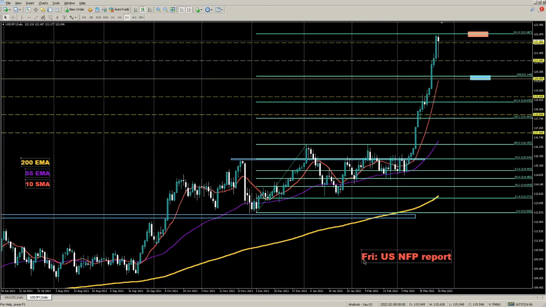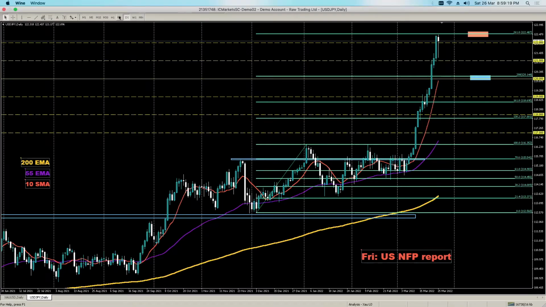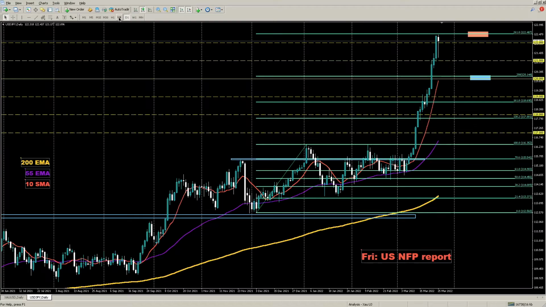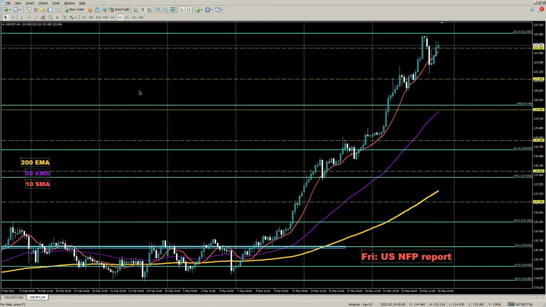And similarly, it's going to have an impact from the non-farm payroll report on Friday, as well as a couple of other news before that. Going to the 4-hour time frame. Let's take a look here.